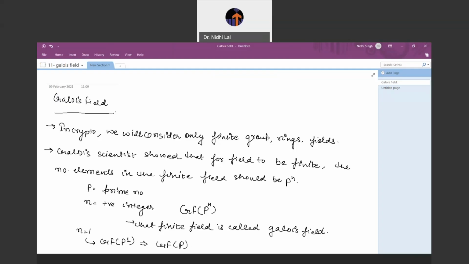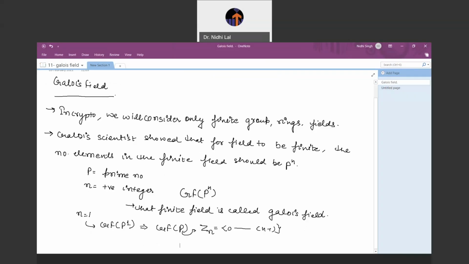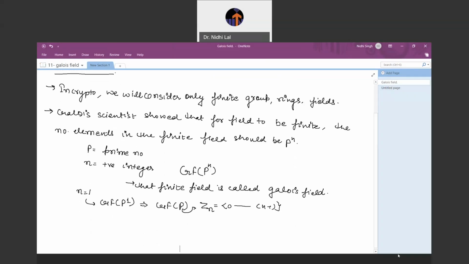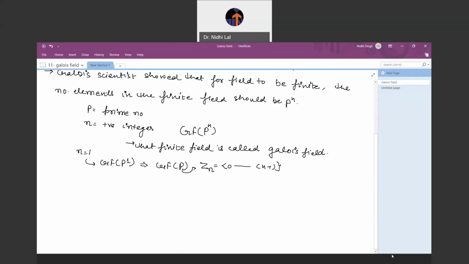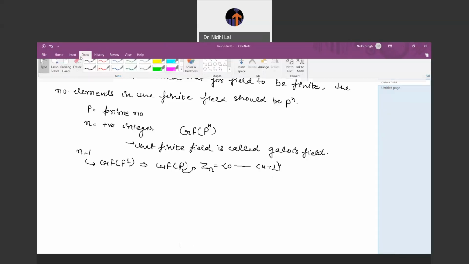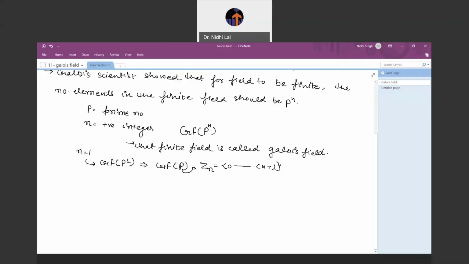In the set of residue format, we can represent it like Zn, 0 to n minus 1, but since it is indicated by p now, in place of Zn we can write Zp, 0 to p minus 1.